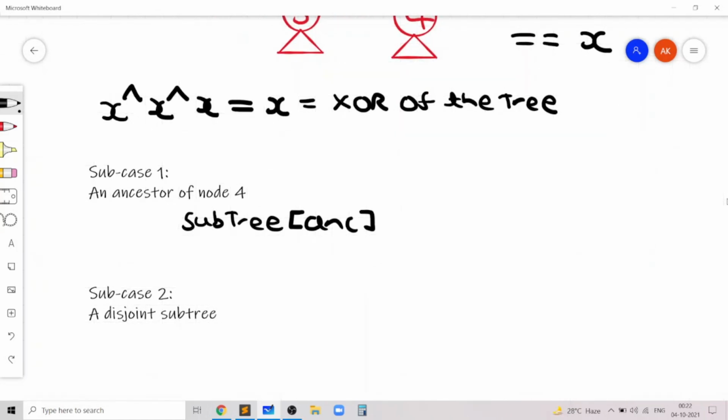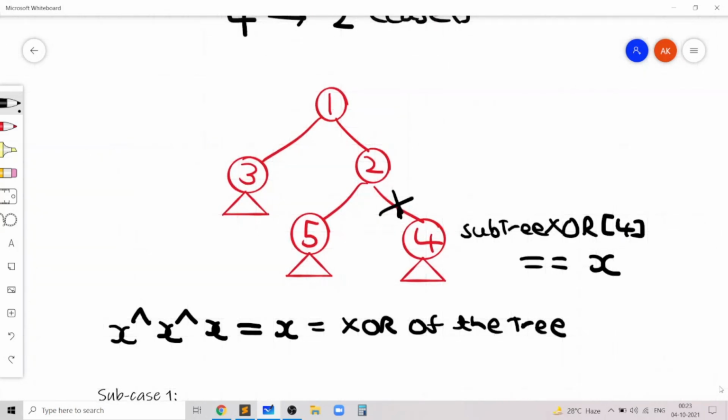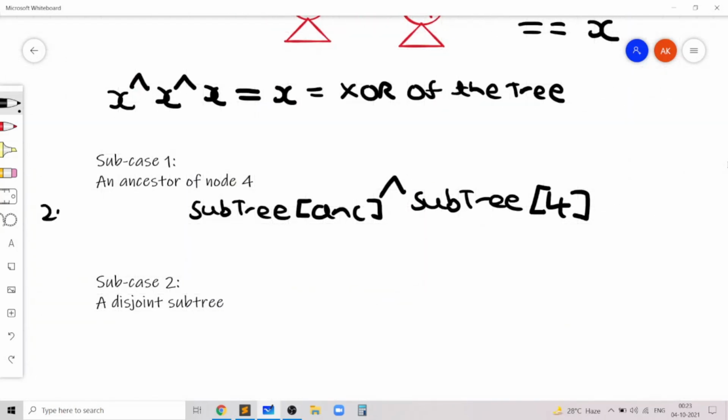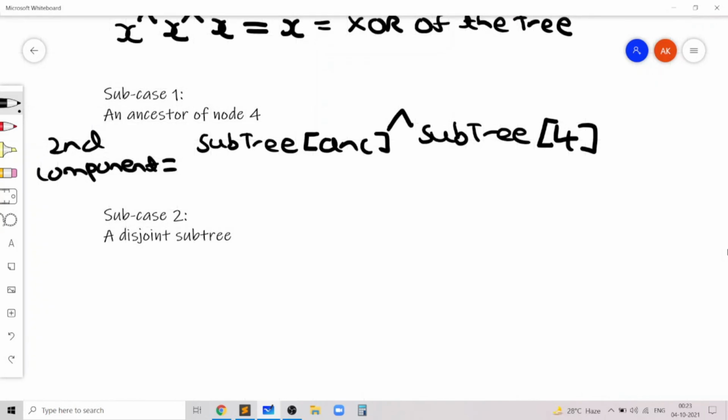So subtree XOR of ancestor XORed with subtree XOR of 4, and that's going to be our resultant value for the second component. So notice that the first component has XOR equal to this, and the second component has XOR equal to this. And once we fix the first 2 components, then the third component is already fixed. That's why I'm not writing that. And so that's our first case.